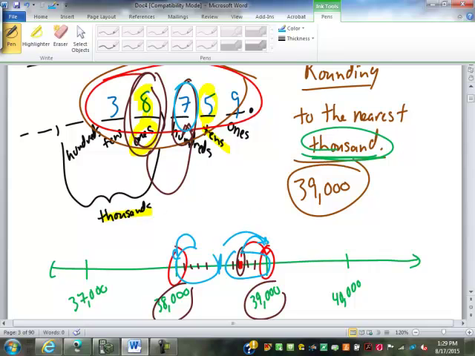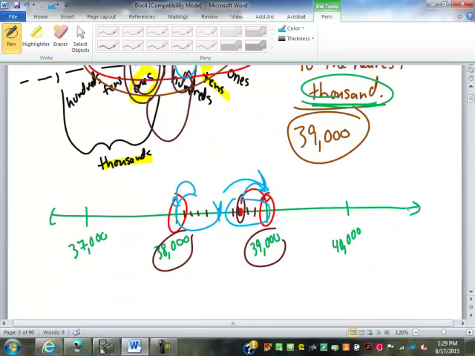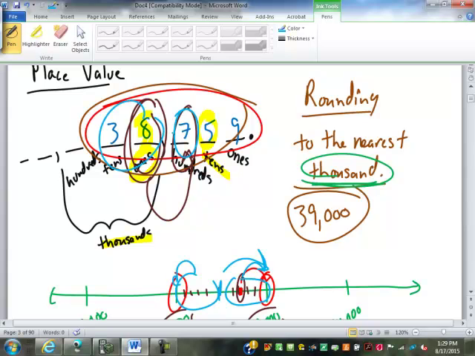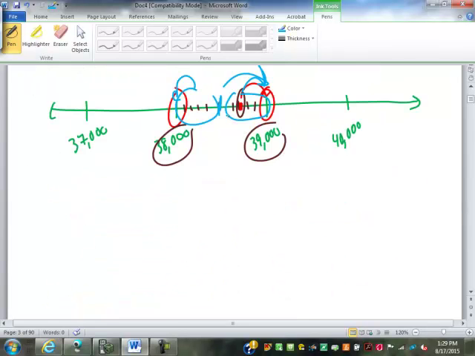We round up. Why? Because somebody always told you if it's 5s always get rounded up, right? Well, if we look at it, this isn't just 38,000. Well, let's put an example out here. I'll do 37,000. Let's say we got 37,512.